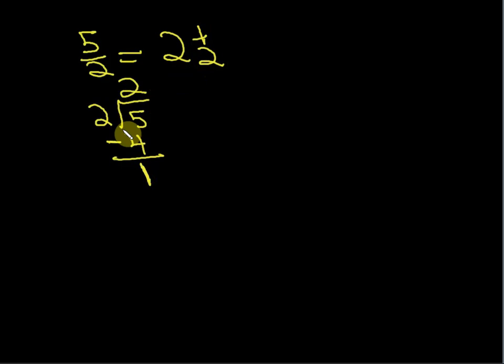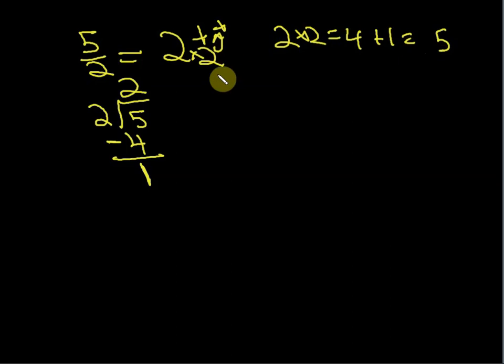So you had 1 remaining, which is essentially half of the 2 value. So that's why we have 2.5. And if you multiply this out, you start with the denominator and then add the numerator. 2 times 2 is 4, plus 1 is 5. But we're trying to express this in terms of halves, so we always keep the denominator 2.